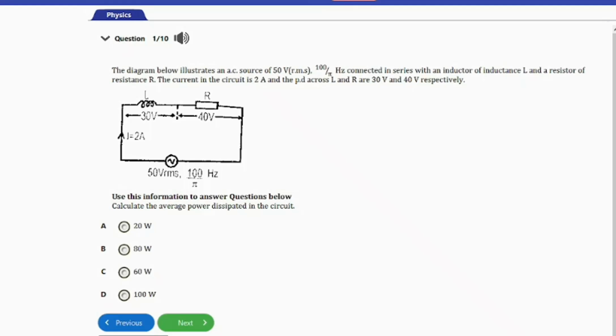So if you multiply 20 by 4, that will give us 80 watts. So option B is the answer to this question.